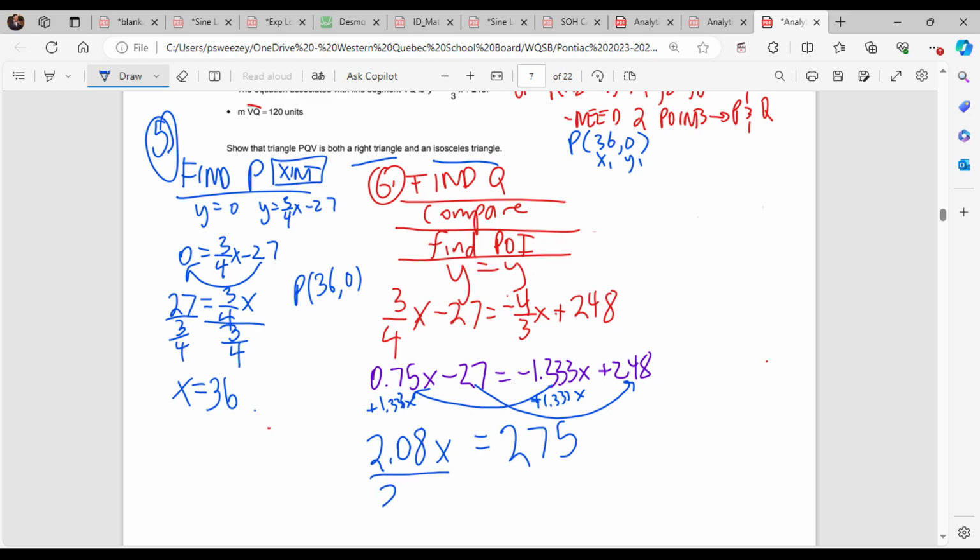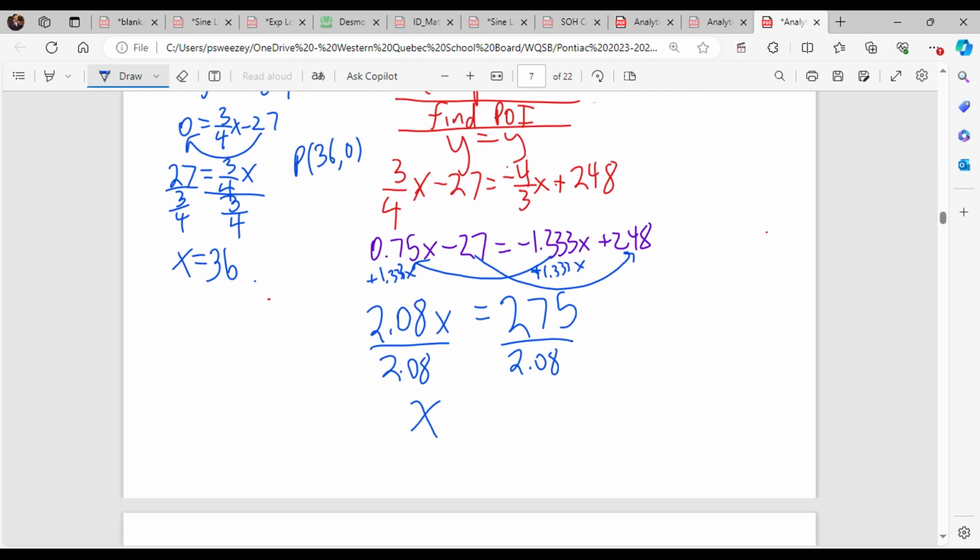If I were to just round to 2.08, I get something like x is 132.2, right? Not a big deal, but it's going to throw off your numbers from there, and the question's not going to be perfect. And keep in mind, you need this to be perfect in order to prove that 120 is equal to 120. So if you're lazy, it's not going to work out.